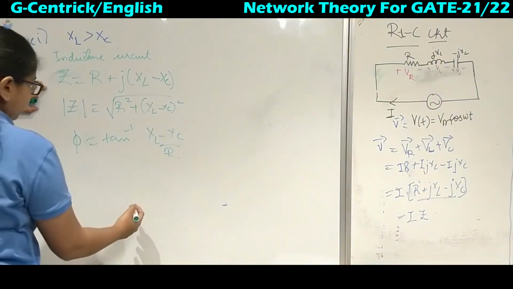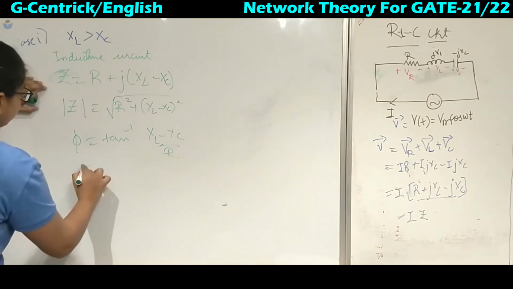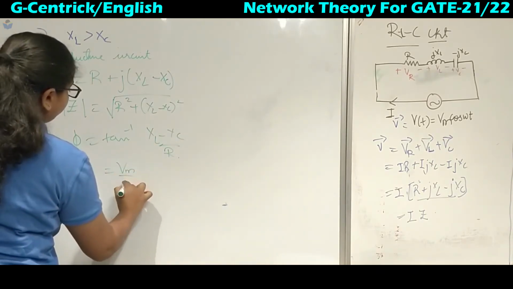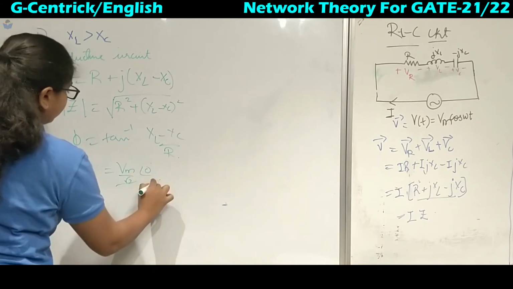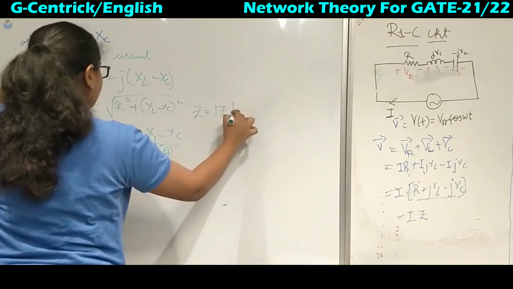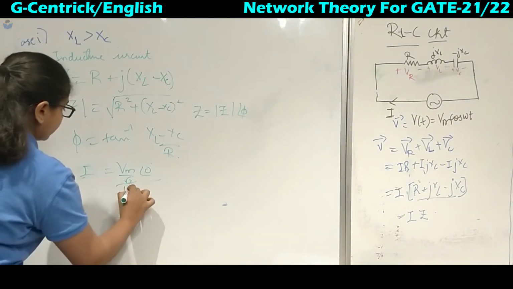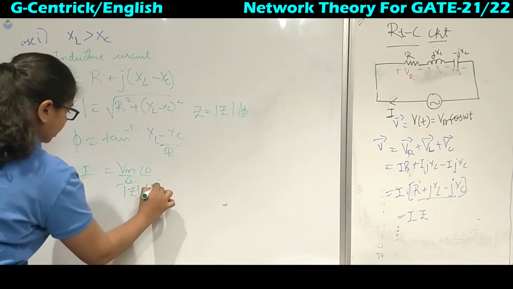Now what will be the value of phi? V is Vm by root 2. Since it is cos, the angle will be 0 degree. For this Z, it is nothing but mod of Z at angle phi degree.